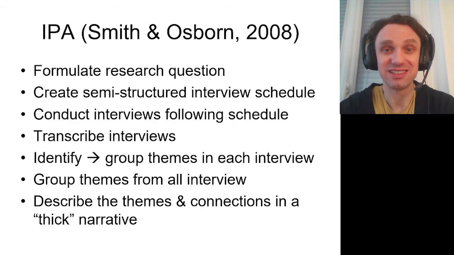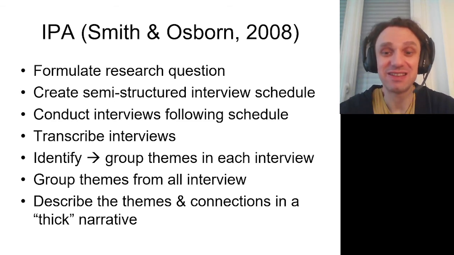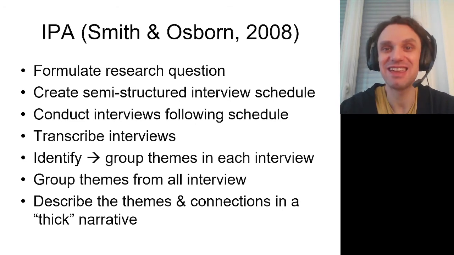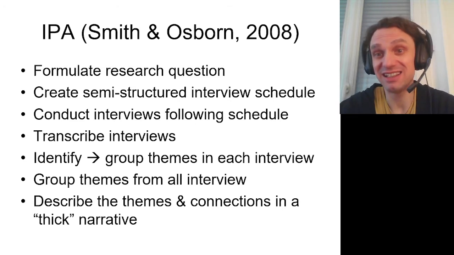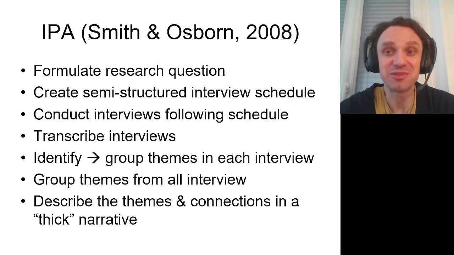In contrast to descriptive phenomenological analysis, IPA is the method that is most often used in research. I would say probably 80% of qualitative studies use some variety of IPA or thematic analysis, which is very close, but which can also sometimes be called IPA by some authors.